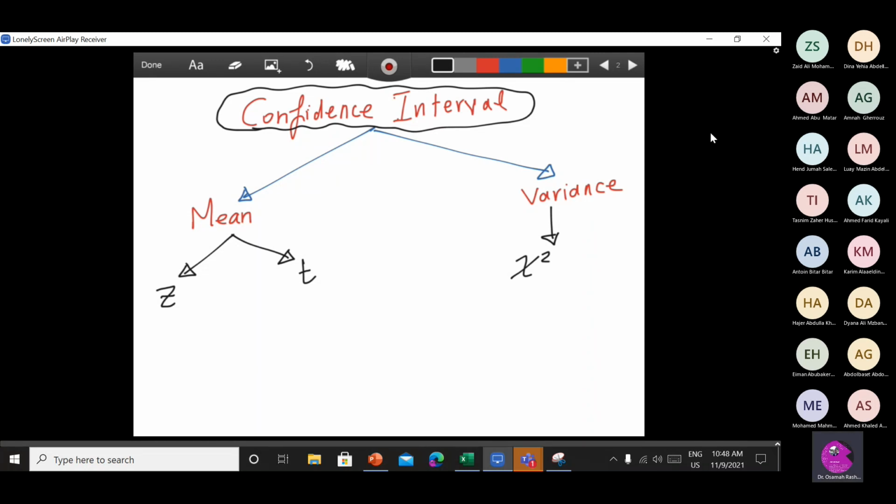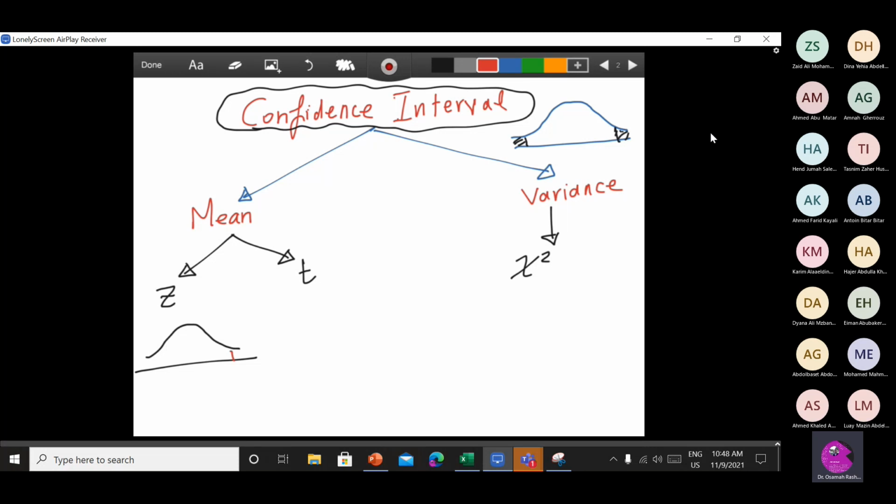Let's go for the confidence interval. What does it mean, confidence interval? If you remember the normal distribution, you have a right tail, and you have a left tail, right? So if you are talking about Z, I will explain it here.